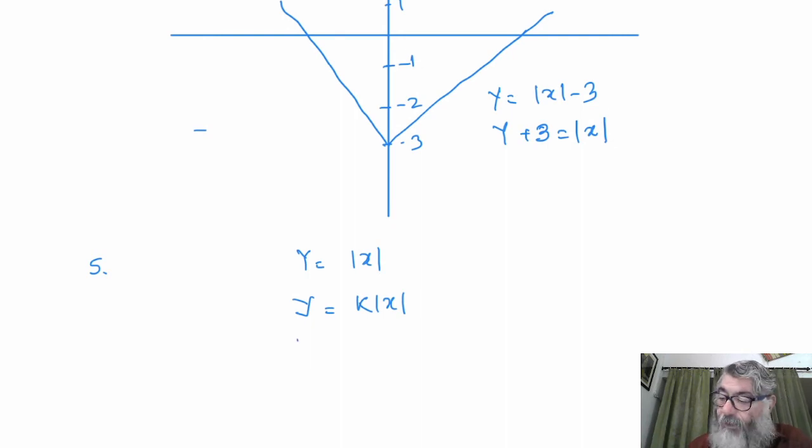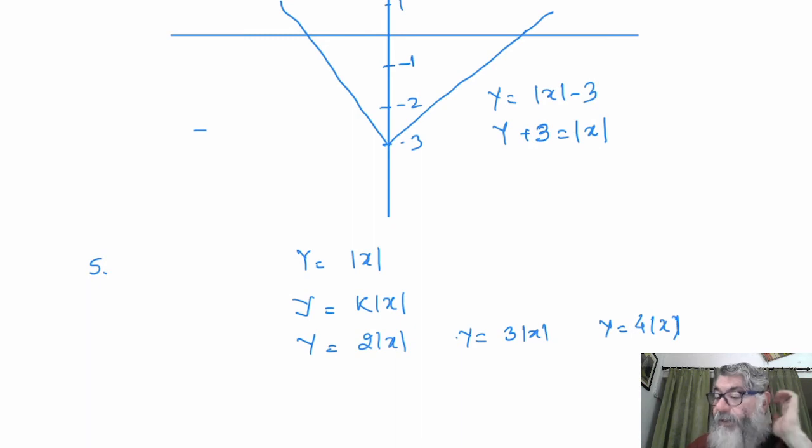Suppose y is equal to 2 modulus x, or y is equal to 3 modulus x, or y is equal to 4 modulus x. This kind of curve is where we are multiplying the modulus function by some particular number 2, 3 or 4.